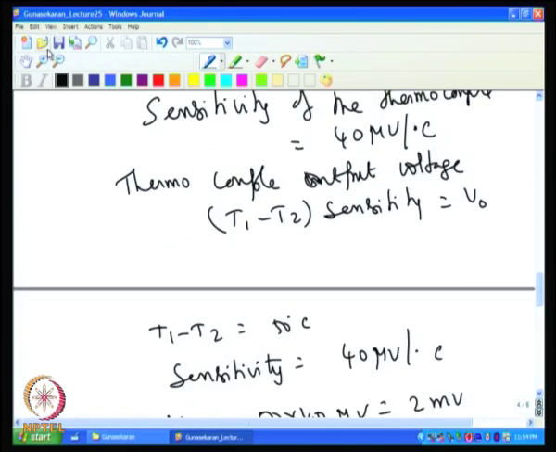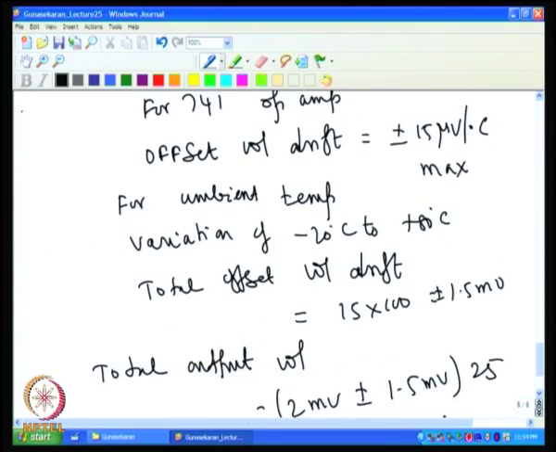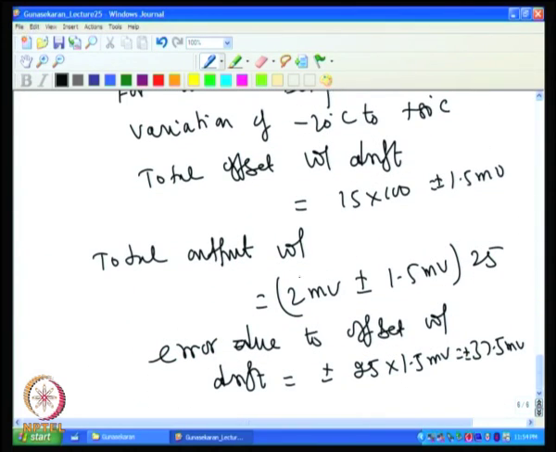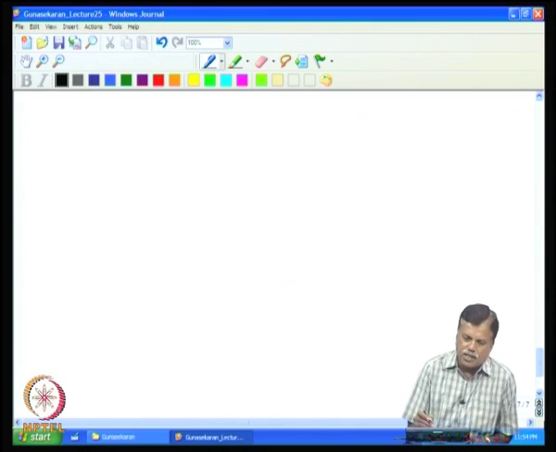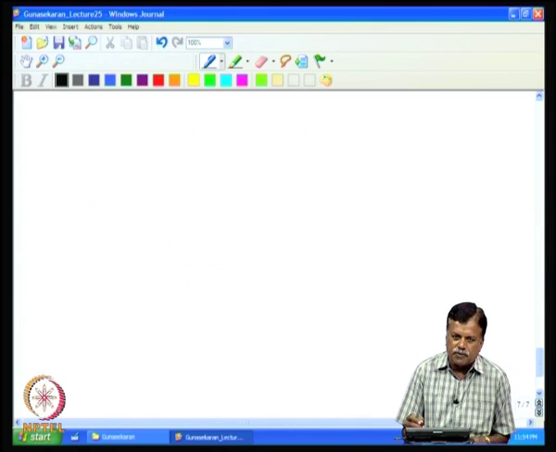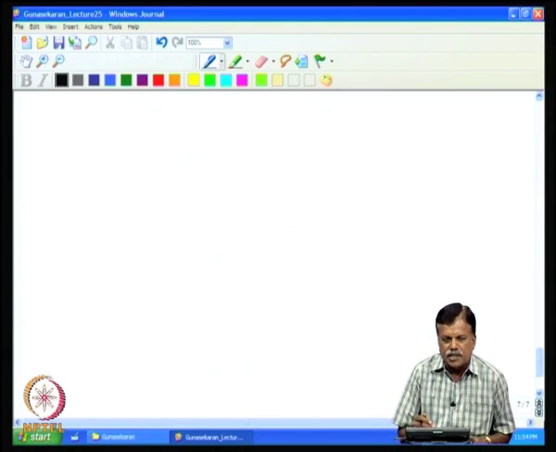So, at V0 1 millivolt is corresponding to 1 degree error. That means, if I use 741 for this application, we will have error of plus or minus 37.5 millivolt, that is corresponding to plus or minus 37.5 degree error.